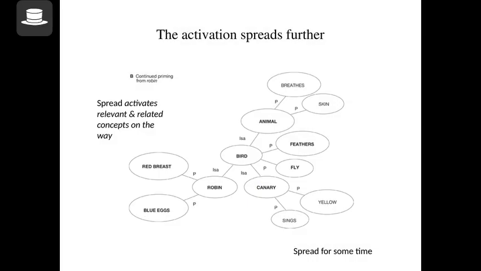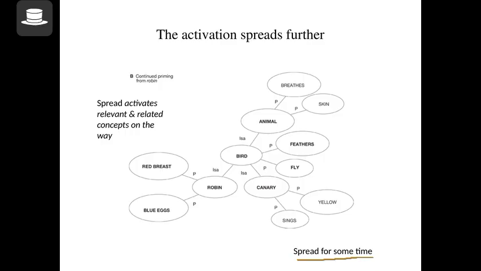And this spread of activation spreads for some time, right? Just like this stone in the still water, the ripples are formed and the ripples stay for some time, but it will never ever go on forever. So it only is active for some time.